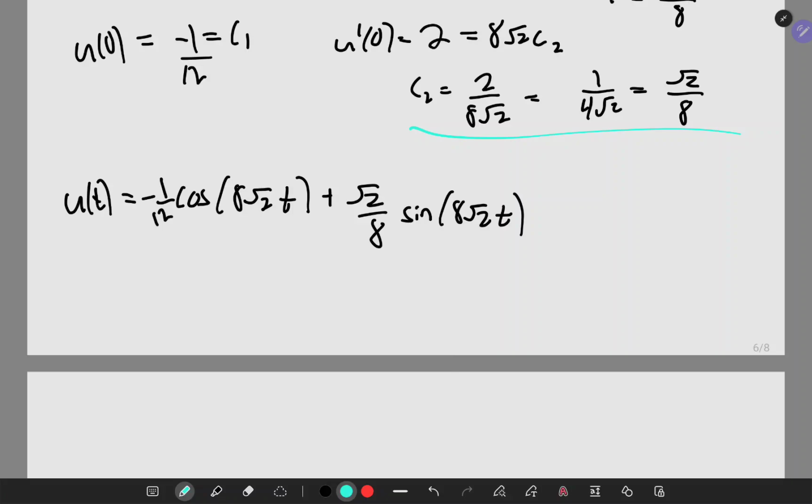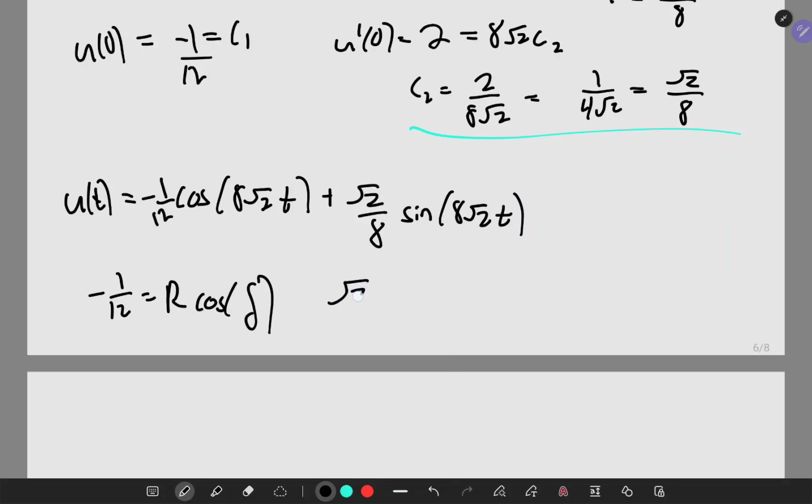Now, right, we use polar coordinates now. So we would have C1 is equal to our amplitude cosine delta.